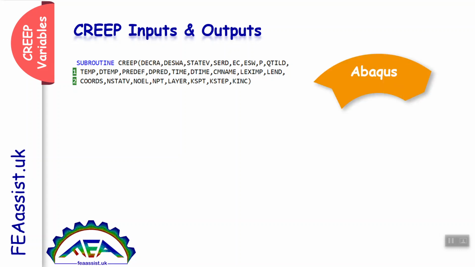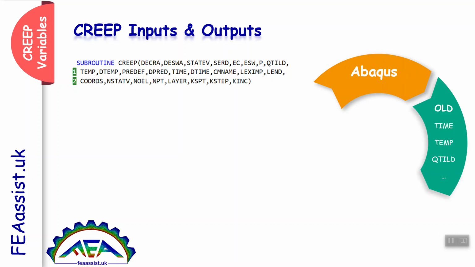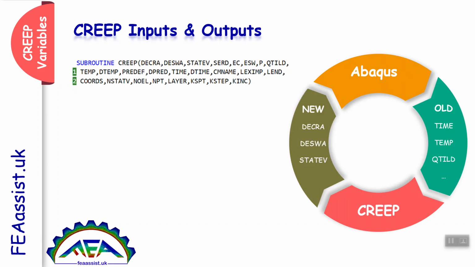Indeed, Abaqus computes the creep variables, actually transfer the variables, which is time, temperature, deviatoric stress, into the creep. In creep, we need to define the creep strains or swelling strains, the state variables, and return them back to the Abaqus. Abaqus actually again will use the creep strain to compute the temperature, the stress, and these variables, and this loop will continue to solve our problem.